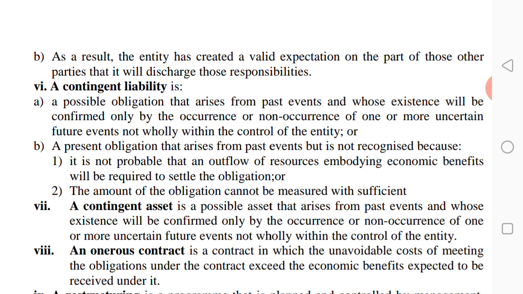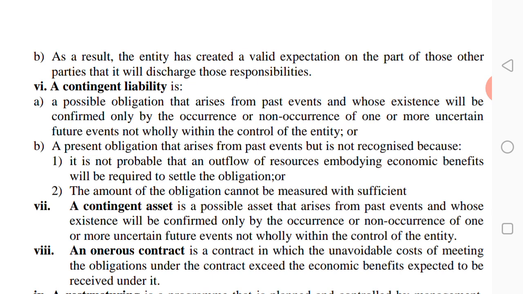That means it might occur, it might not occur. That's why we say it's a possible obligation. The existence of that liability depends on a certain occurrence. So something might happen before you can pay that amount, and that amount you want to pay in the future is not known and is not in the control of the entity. For example, a court case.